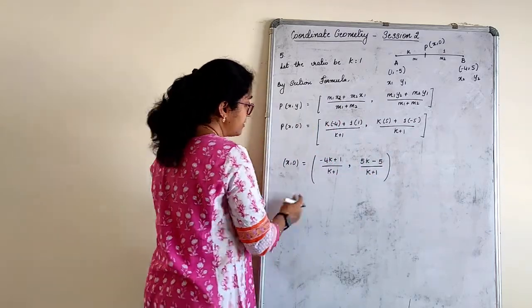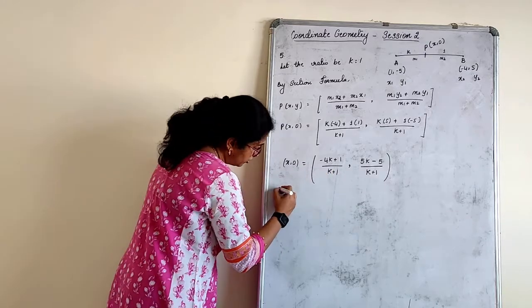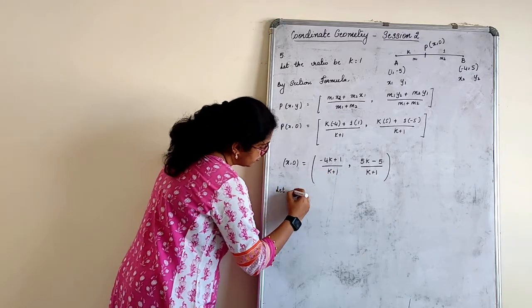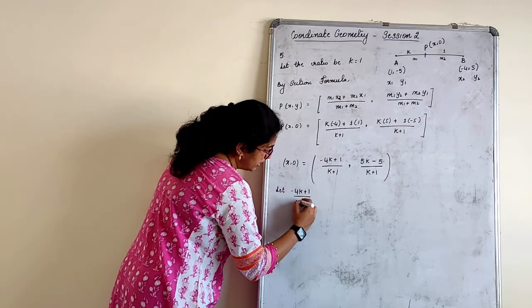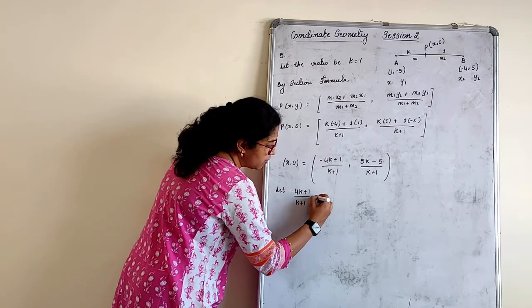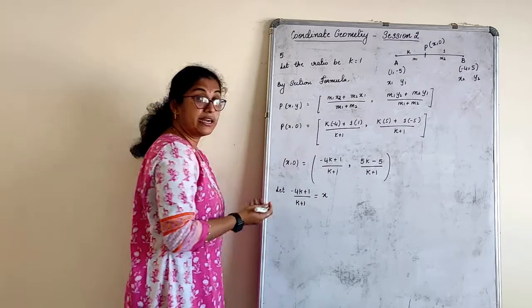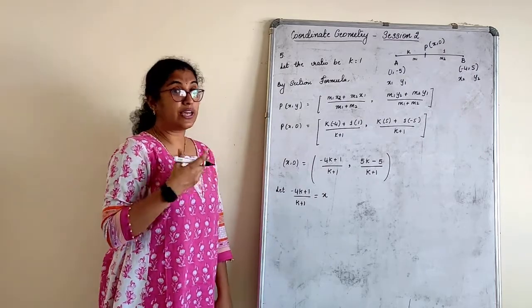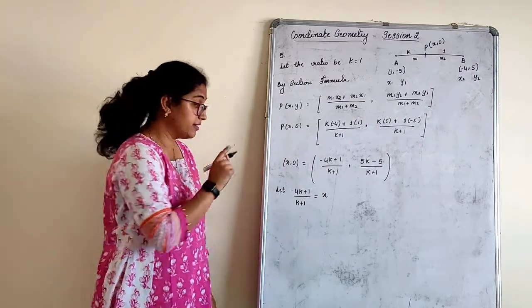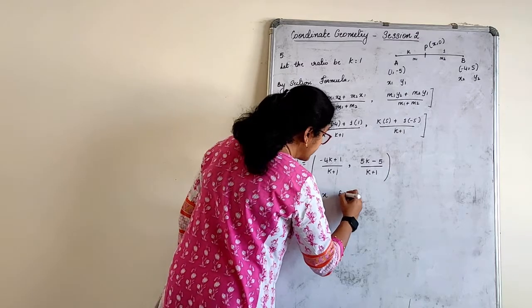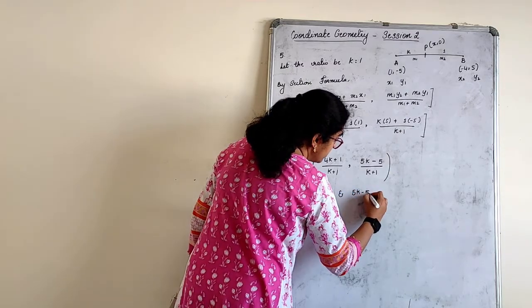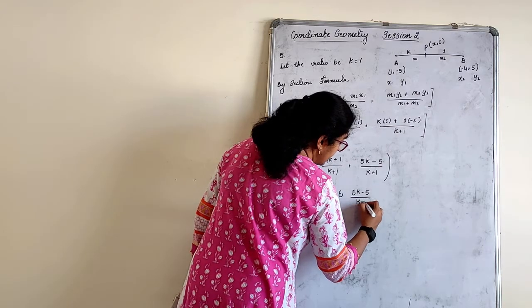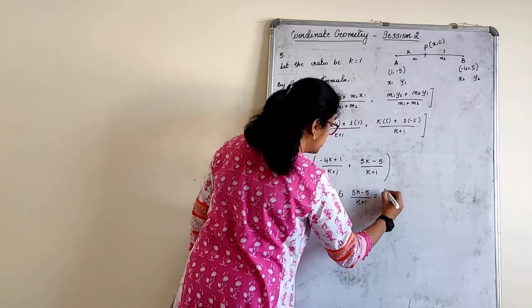Now see here, the first equation: minus 4k plus 1 divided by k plus 1 is equal to x. I can't find x, I can't find k also, right? But let us equate and keep it. And (5k minus 5) divided by (k plus 1) is equal to 0.